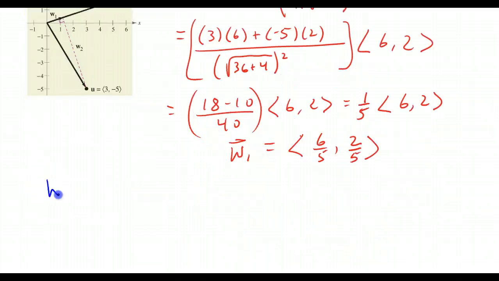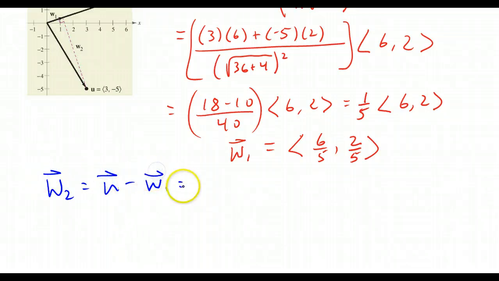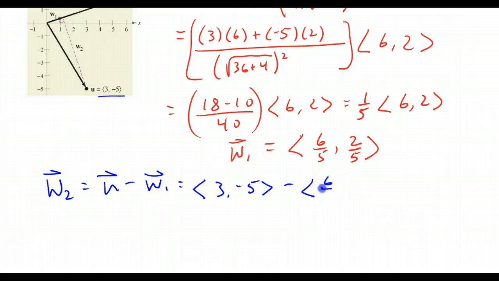Okay, so w2 is vector u minus vector w1. And vector u is 3, negative 5 minus vector w1. That's 6/5, 2/5. Get a common denominator.